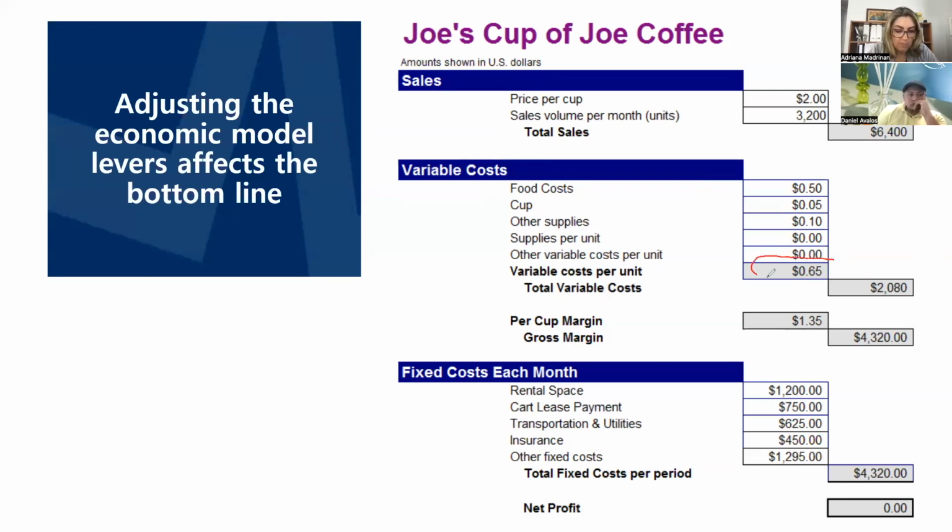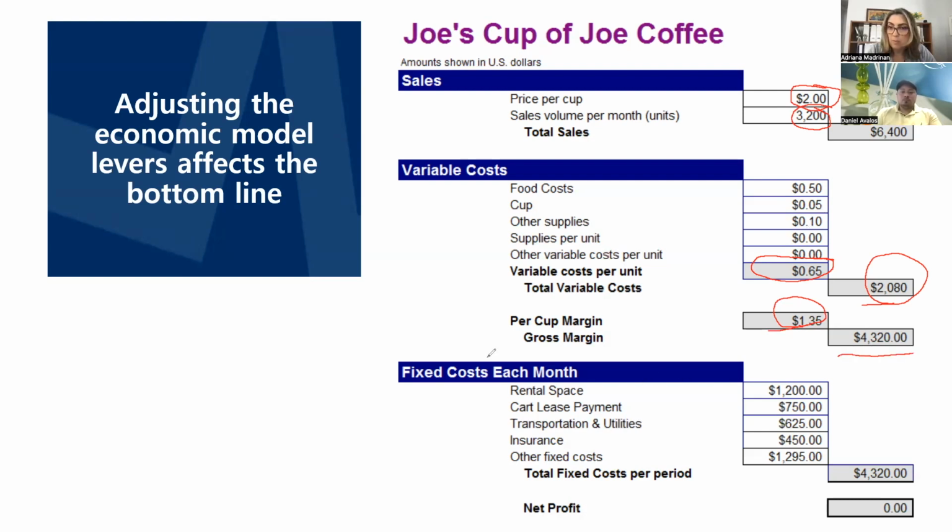It's costing you 65 cents. You brought in $2, 3,200 units. Your variable cost is 65 cents, and that's equal to 2,080. Your gross profit is $1.35 out of the $2 that you have, leaving you 4,300.